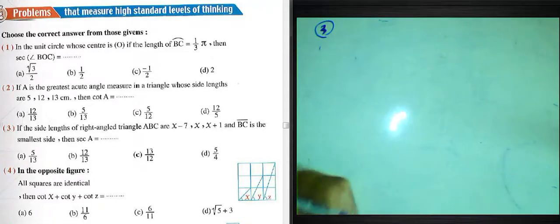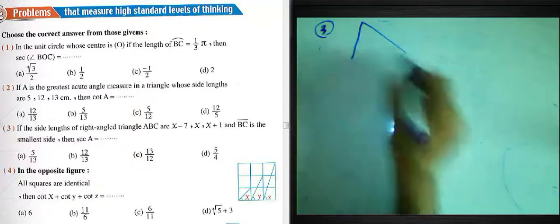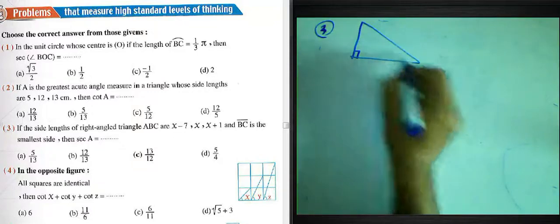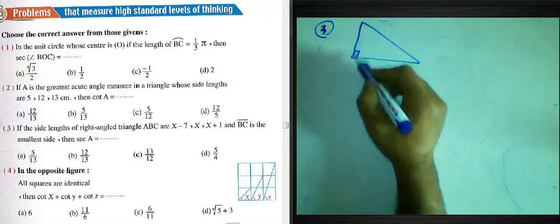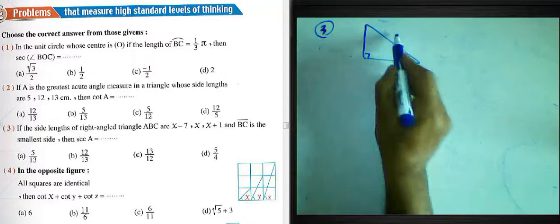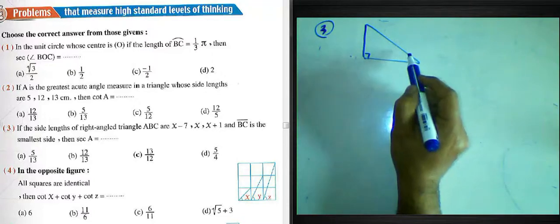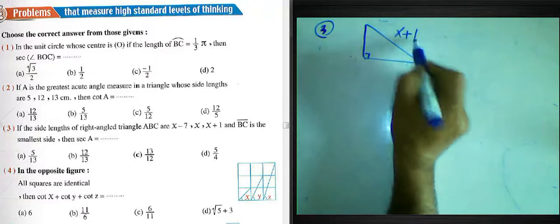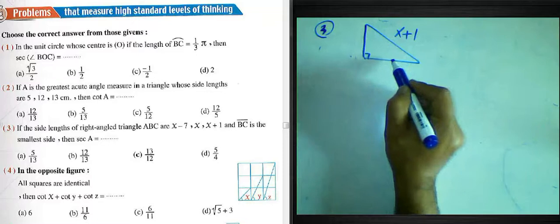We have a right angle triangle here, with the hypotenuse and two other side lengths. The hypotenuse will be x plus 1, because x plus 1 is more than x and more than x minus 7.